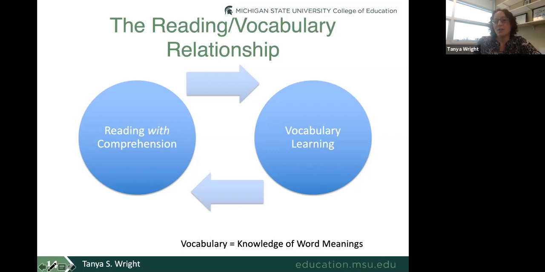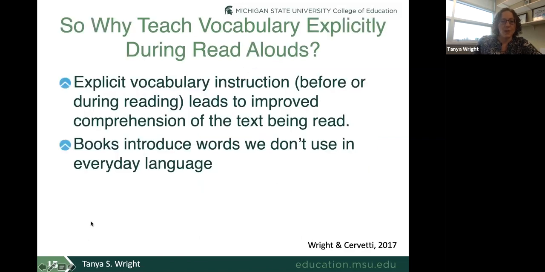And for young children, we really want to make sure they're comprehending the text we read aloud. One way to support that is to explain any challenging words that might impede their comprehension, but also to take the opportunity to use the text to build some new vocabulary that kids may not have. During the read-aloud, what we're going to want to do is some explicit vocabulary instruction before or during reading.